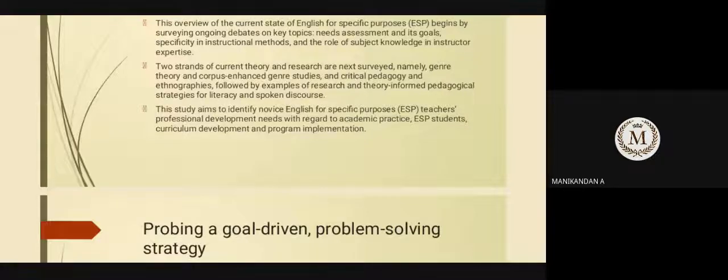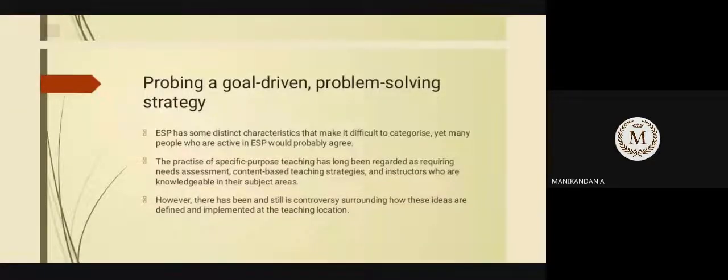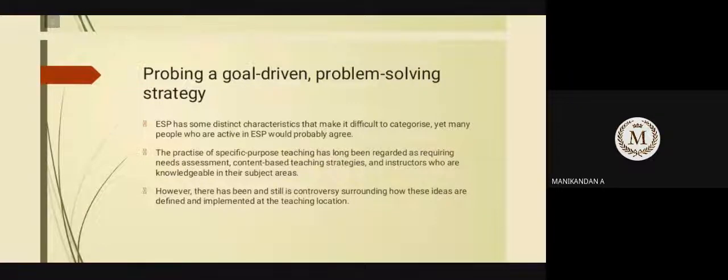Moving towards the next slide, probing goal-driven problem-solving strategies. ESP has some distinct characteristics which make it difficult to categorize, yet many people who are active in ESP would probably agree with this.